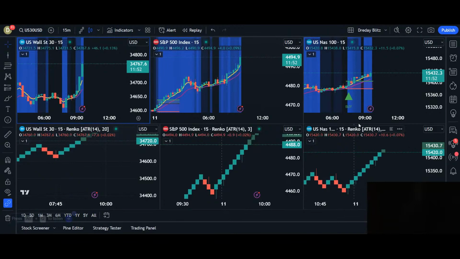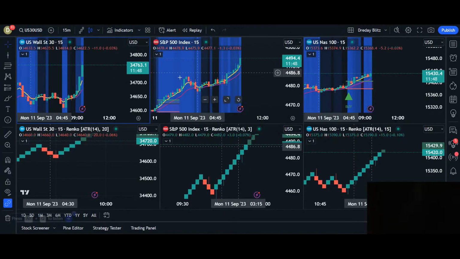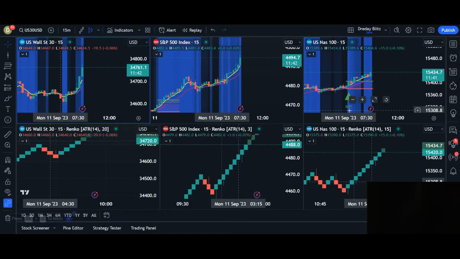So we have a push up on US 30 and S&P 500 right now. And one of the reasons I created EMX AI is to help anyone that is struggling to identify trending pairs or indices, and it will remove your stress.